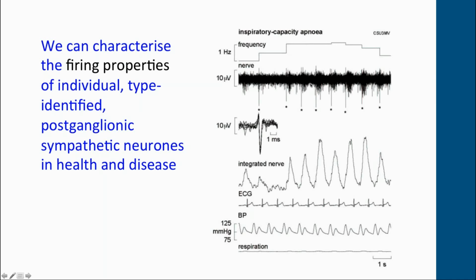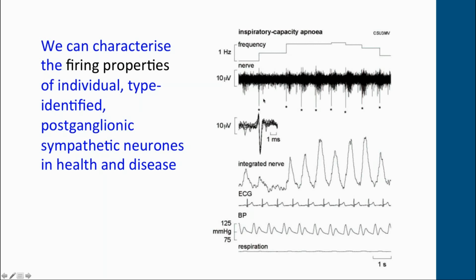The far field activity being picked up by the same microelectrode gives us an idea of what the population of neurons is doing. But by having the microelectrode tip closer to one axon than the other axons, we can see that these spikes, which stick out from the background and are superimposed here, give us an idea of what individual neurons are doing.